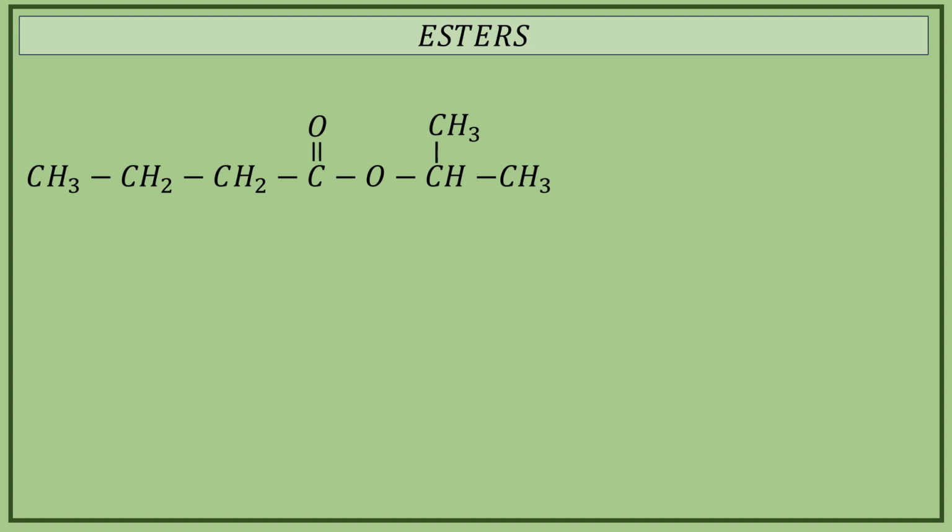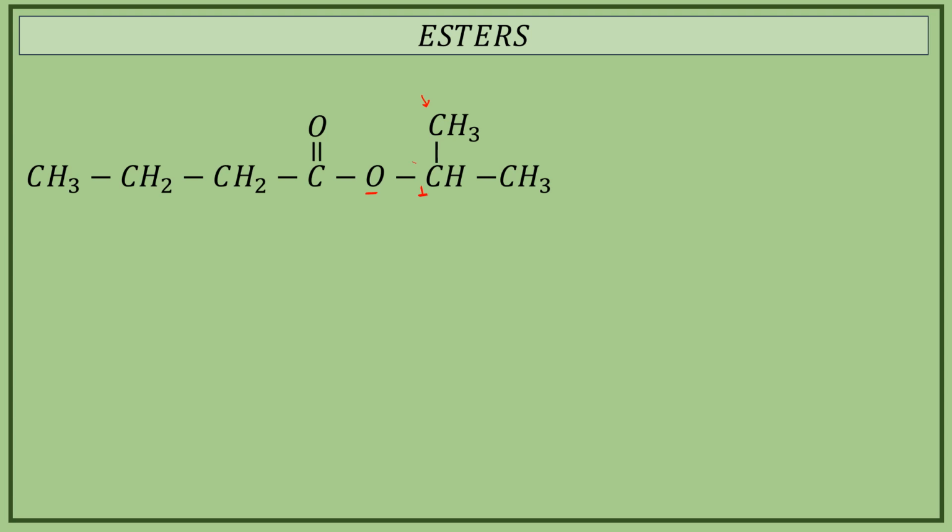Now let us bring a substituent on one of the carbon chains. In that case, we will have to write the position of the substituent as well. So, in case of an ester, if we have to start numbering, then we will start in both directions. The group which is attached to the oxygen atom will be numbered starting from the carbon atom which is attached to oxygen.